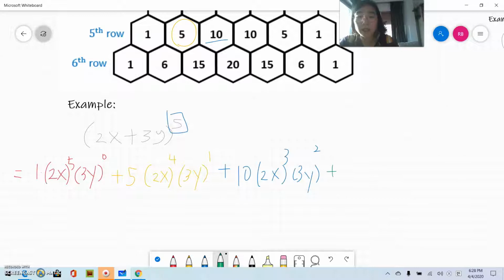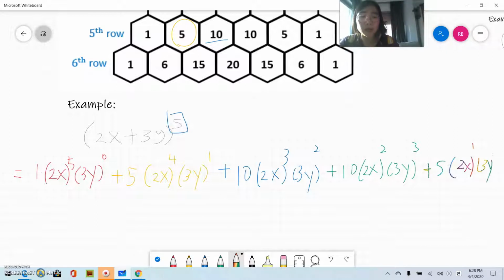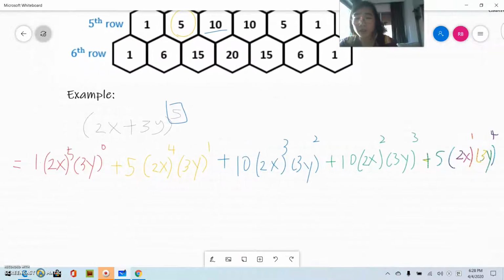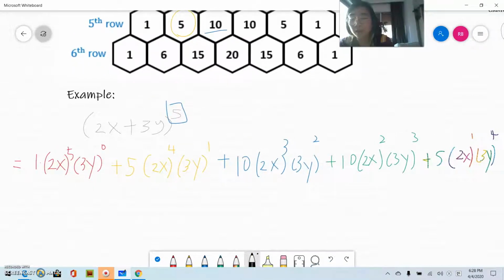And then again, 10 (2x) squared (3y) cubed. And then 5 (2x) and (3y) to the fourth power. Let me write it underneath. Plus 1 (2x) to the 0 power (3y) to the fifth power.